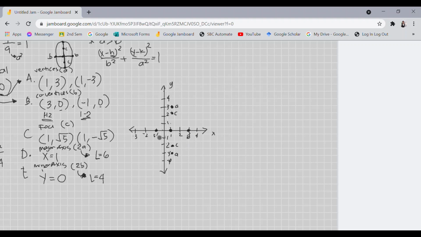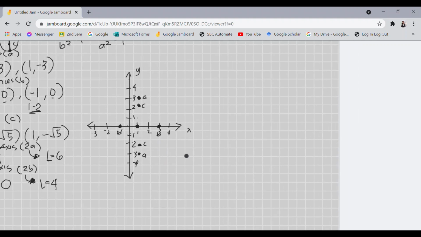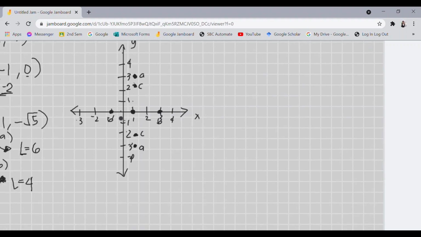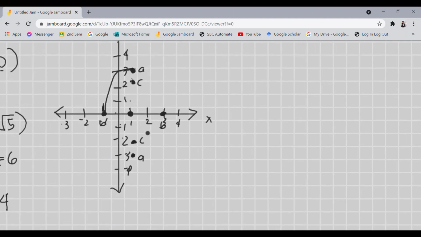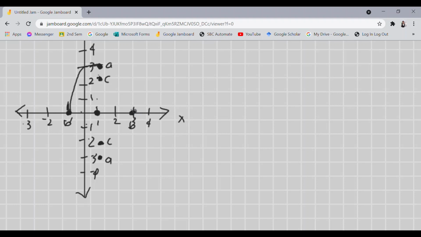So, pag dinrawing natin yung ellipse natin, ganito po yung, probably, ganito yung magiging itsura niya. So, humpy-dumpy po ang idodrawing natin na vertical. It is really hard to draw.